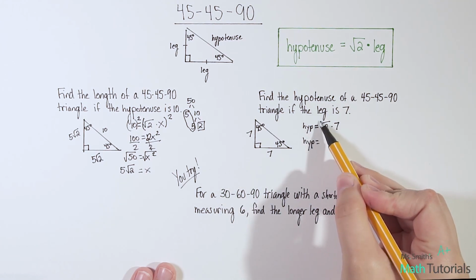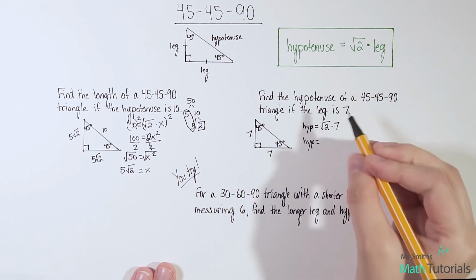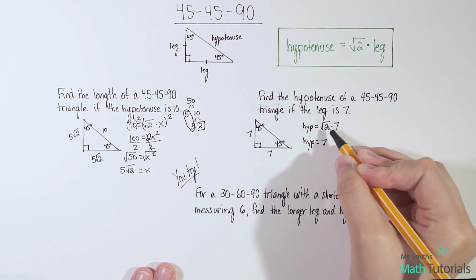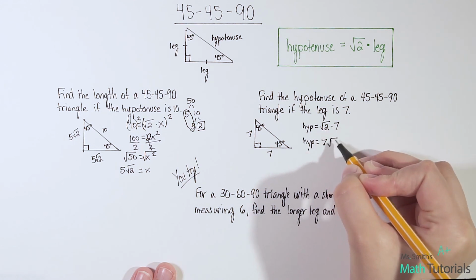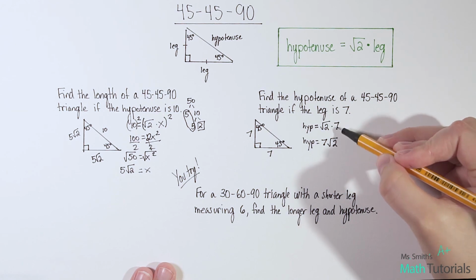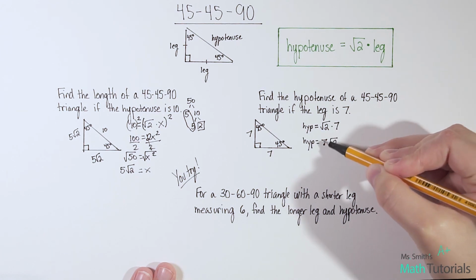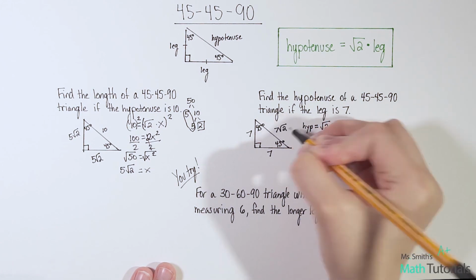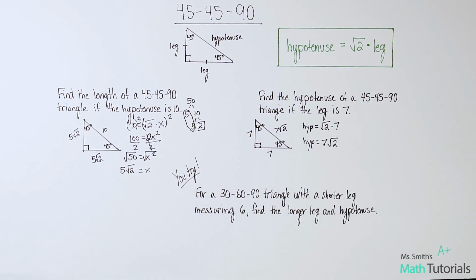So 1, understood out here, times 7 is just 7, right? And then I don't have a radical here to combine with the square root of 2, so it just comes down. 7 times square root of 2. Of course, these two say the exact same thing. This is just the more appropriate way to write it. So we'll just label that 7 times square root of 2.